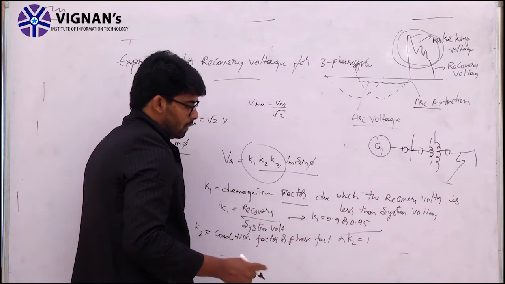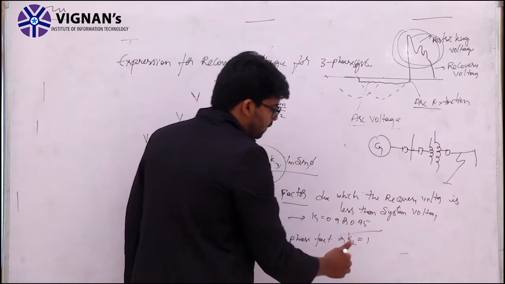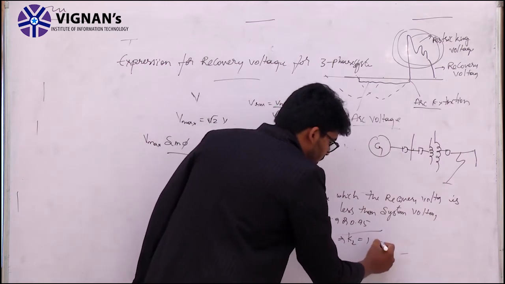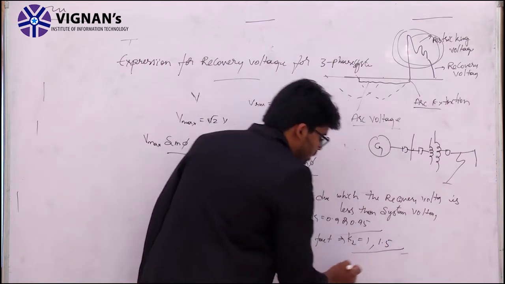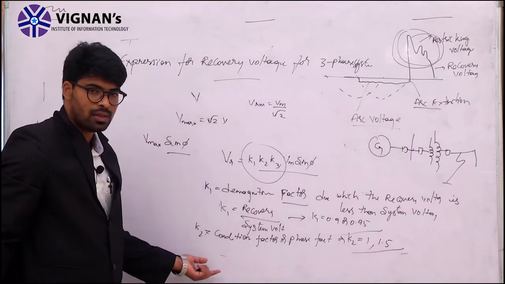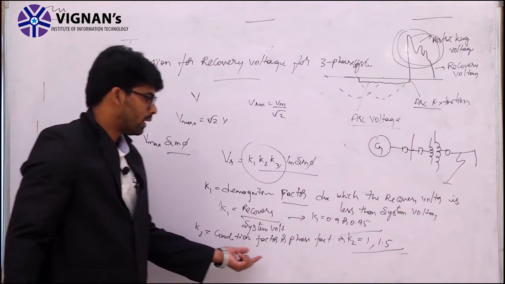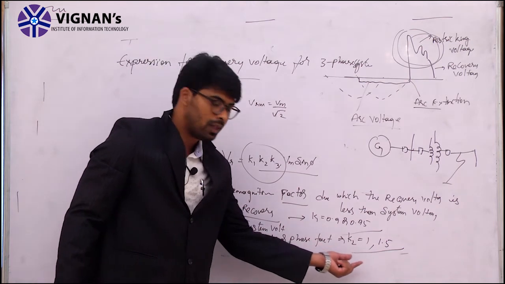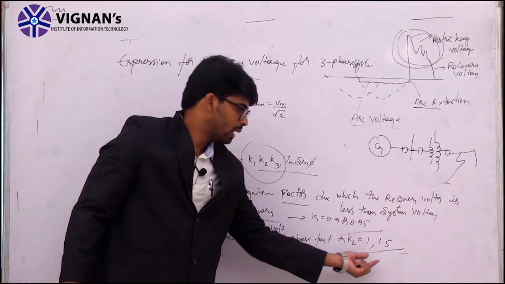If the fault is grounded, we take K2 equal to 1.5. These are default values which were already prescribed.